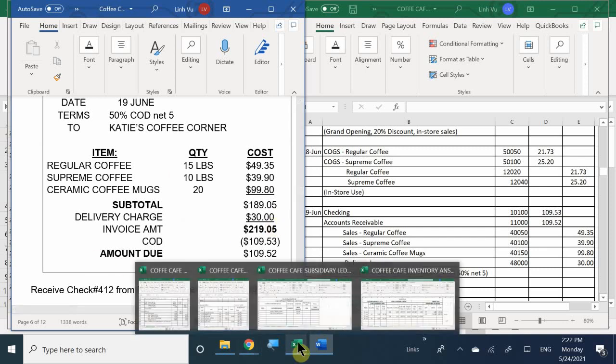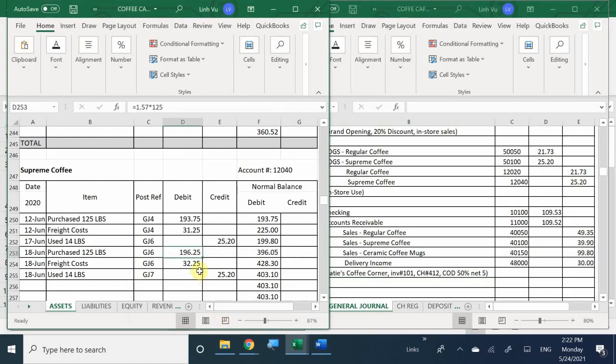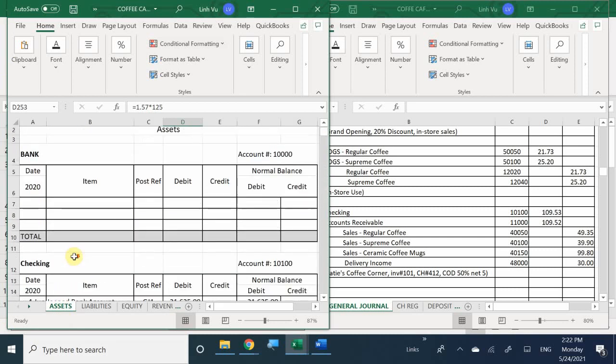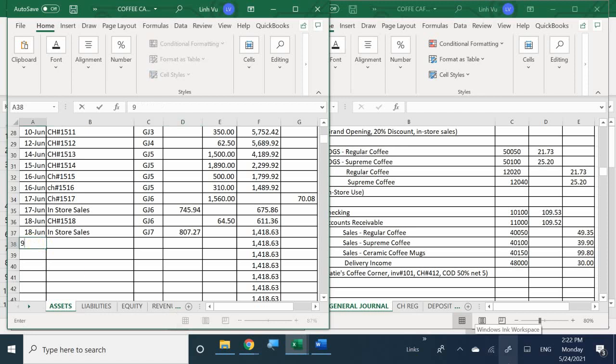I started with checking. I just put in for my description check number 412, because my post reference JG7 will tell me what.